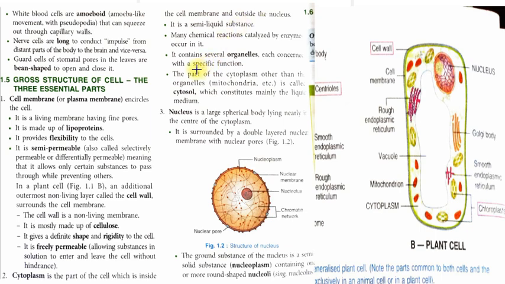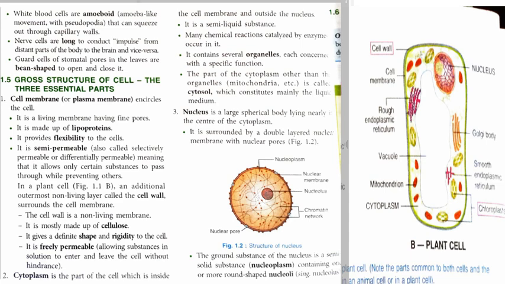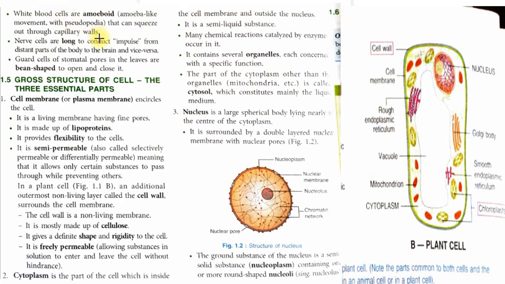So now students, white blood cells. White blood cells are amoeboid, that is in the shape of amoeba, due to which they can perform amoeba-like movement with pseudopodia and can squeeze out through our capillary walls, right?